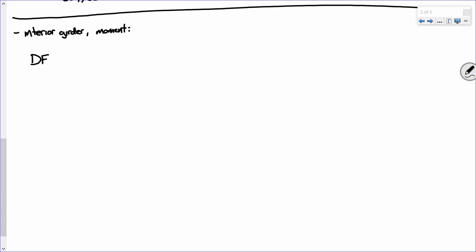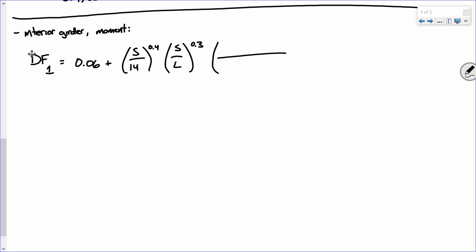So I'm going to say distribution factor for single lane loaded is 0.06 plus S over 14 raised to the 0.4, S over L raised to the 0.3. You can tell I've done this a lot since I kind of just remember this. Kg over 12 L t_s cubed, actually let me put the decimal, 0.0, Kg over 12 L t_s cubed, and then Kg.